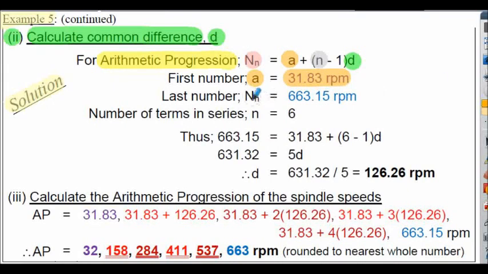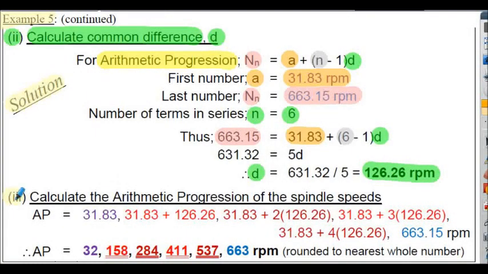And the last number in our series, that will be the sixth term in the series, was 663.15 RPM from the previous slide. The number of terms in our series, n, is 6. So inserting our values into the AP formula above, subtracting 31.83 from both sides of the equation and dividing by 5, our common difference d is 126.26 RPM.